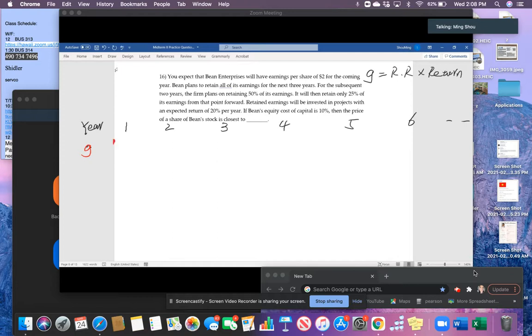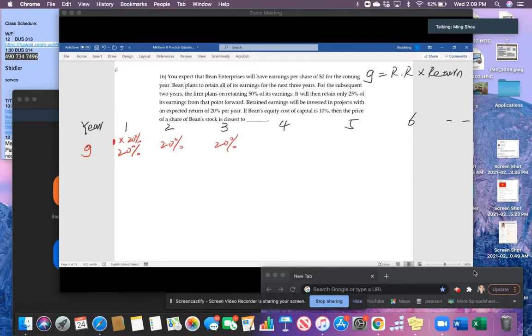Because this company, from the beginning, in 3 years, will not pay any dividends. So it will retain 100% of its earnings, so the retention rate would equal 1. And the return on the new investment equals 20%. So in year 1, the growth rate equals 20%. Similar thing for year 2 and year 3.